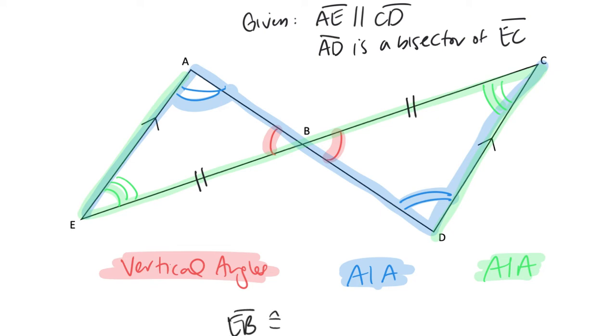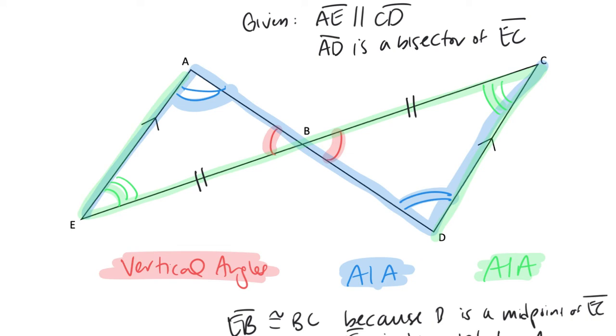EB is congruent to BC because B is a midpoint of EC, because EC is being bisected by AD. AD does the bisecting, EC is being bisected.